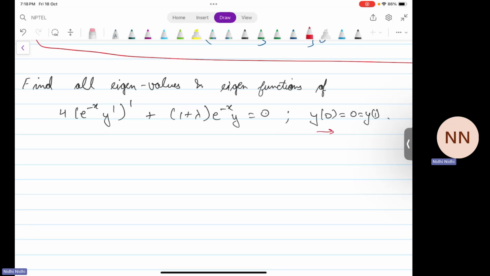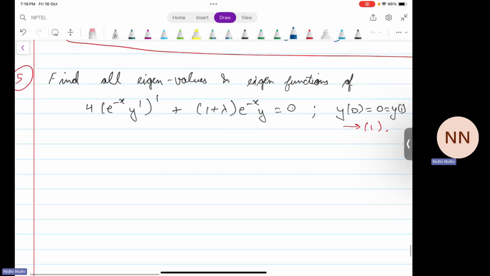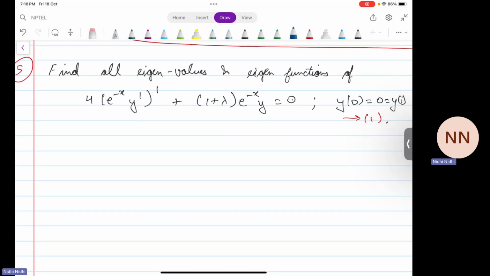Let's mark this as 1. So the eigenvalues are basically the values of lambda such that the problem has a non-trivial solution. So we need to find all those lambdas for which the equation has a non-trivial solution, and those non-trivial solutions are called the eigenfunctions.